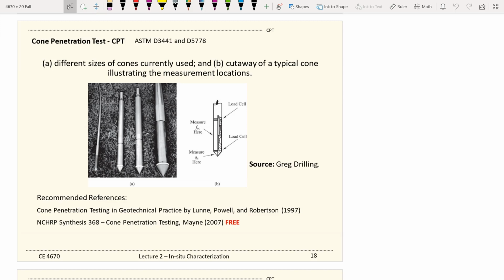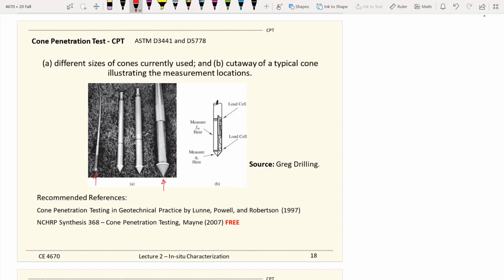When we talk about CPT, it includes different sizes of cone. You see the picture here. You can have mini cones up to relatively large diameter CPT cones. With the cone you can have more sophisticated measurements.